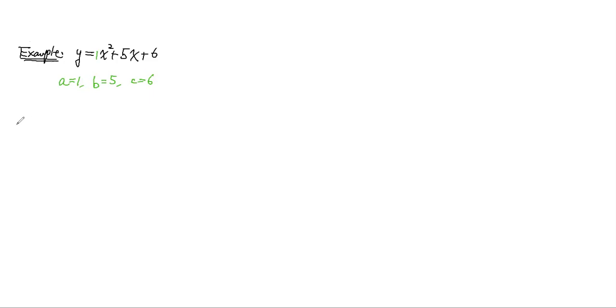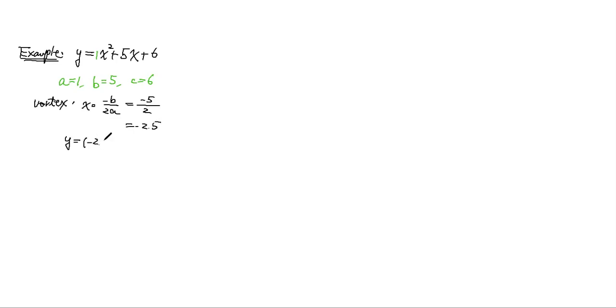So the vertex here, let's try to do one more time. Vertex is kind of important. So x is equal to negative b over 2a. Negative b is negative 5 over 2, so it's negative 2.5. Then you substitute here to get the y.